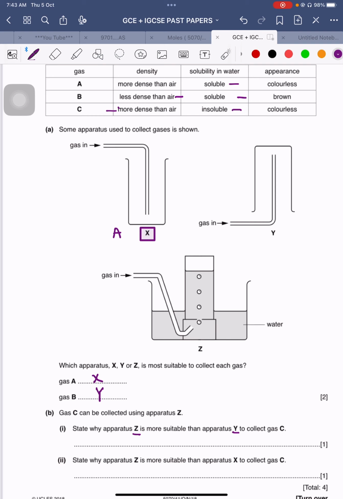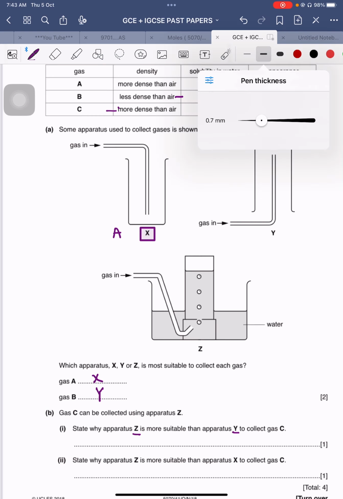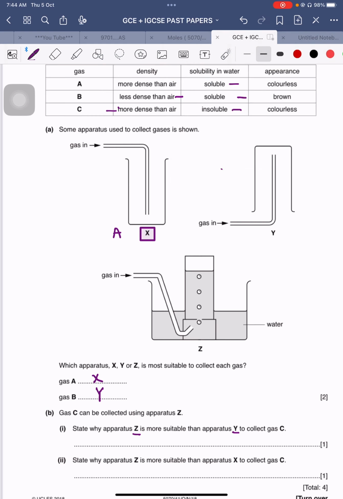So what you have to write for B.1, I am just lowering down the size of writing so that my handwriting can be fitted into this line.